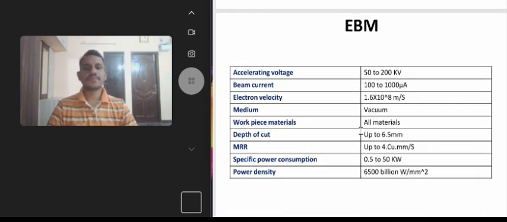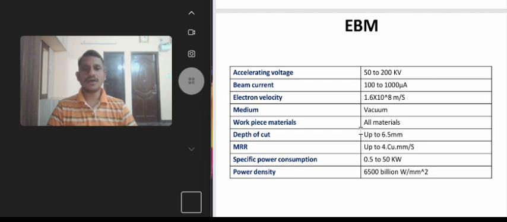Next is characteristics of EBM. Accelerating voltage 50 to 200 kilovolts. Beam current 100 to 1000 microamps. Electron velocity 1.6 × 10^8 meter per second. Medium vacuum. Workpiece material, all materials.